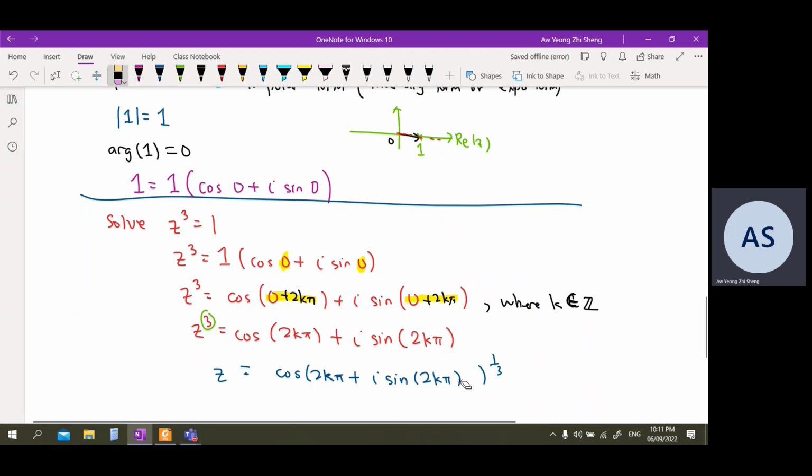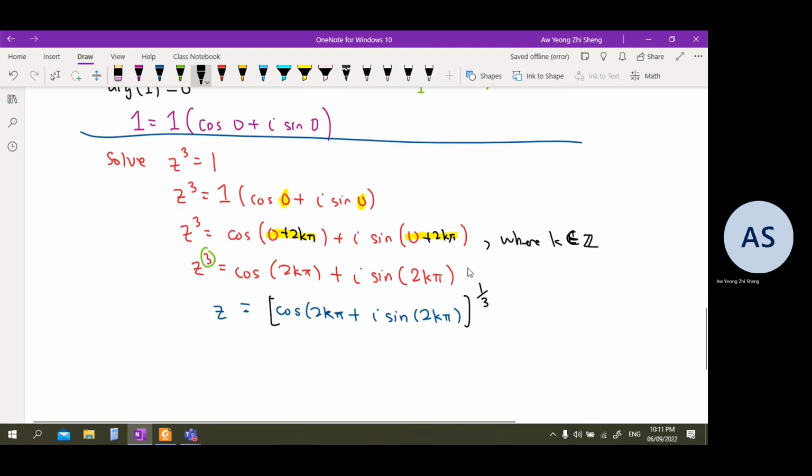Yeah, for clarity, I will just write the outer layer bracket using square brackets. Okay, now we can apply the Moivre's theorem, because inside the square bracket we have the form cos theta plus I sine theta.